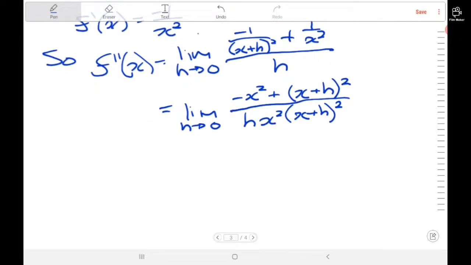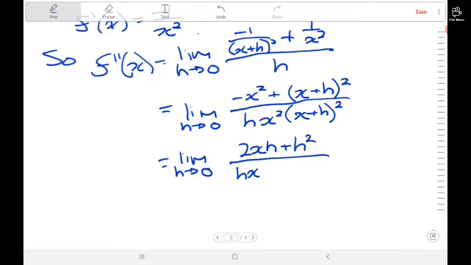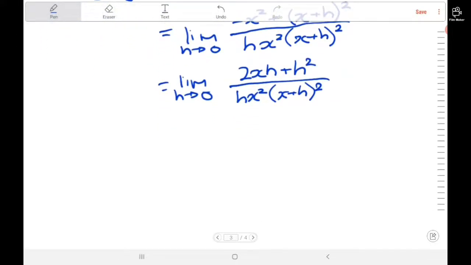Now you'll see we can simplify the numerator a little. So the quadratic will expand to give an x squared that will cancel with the negative x squared we already have, and the other terms that we'll get are a 2xh plus h squared, and the denominator remains the same.